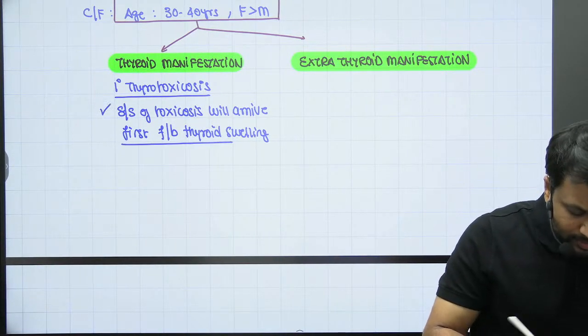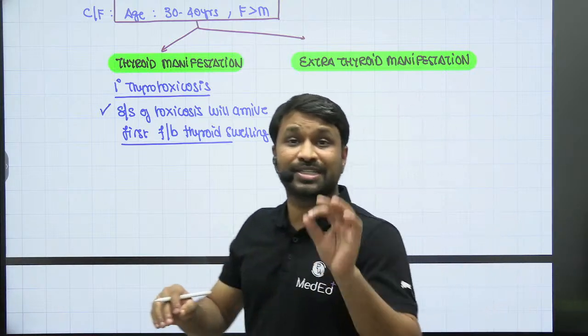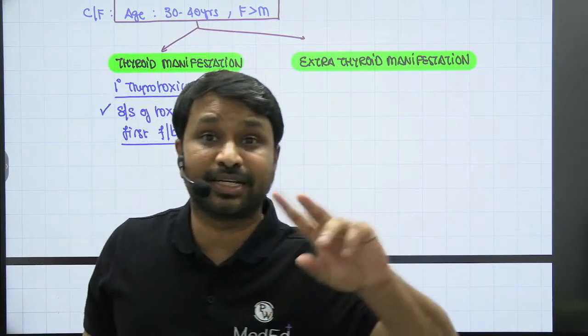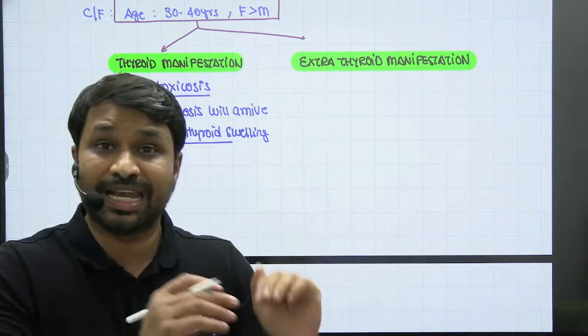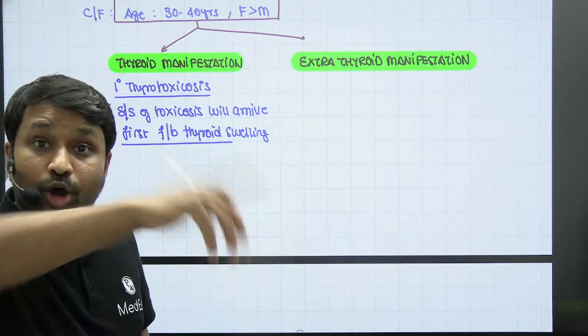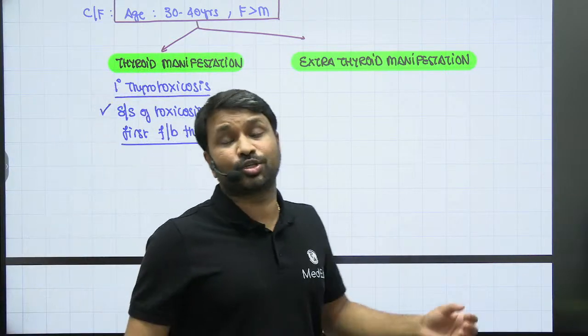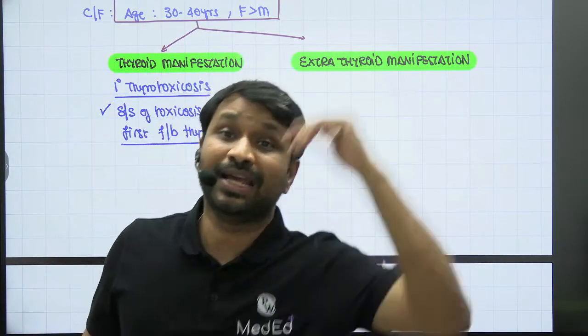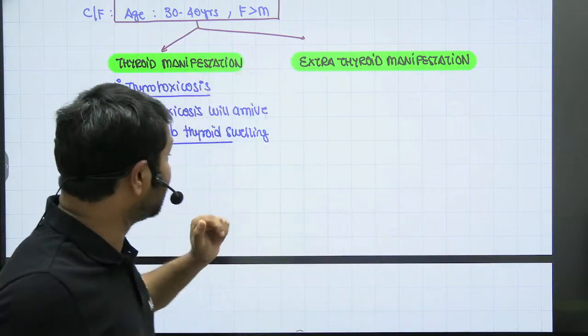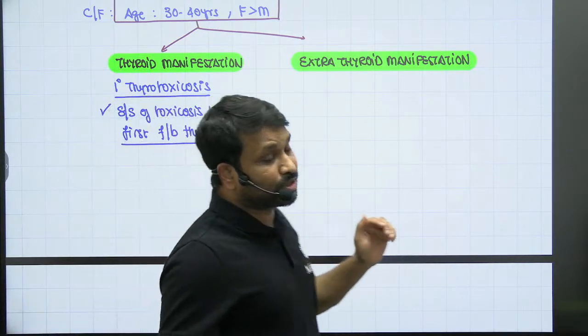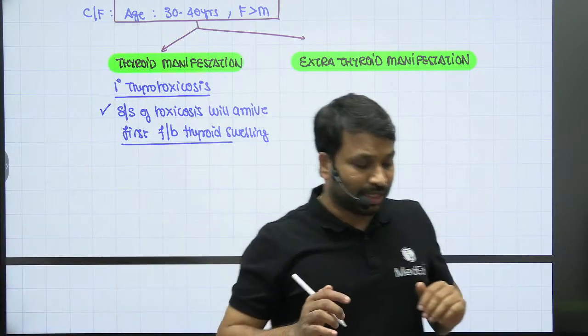So the patient will initially have symptoms of toxicosis, and later on the swelling is going to come. The opposite will be seen in secondary thyrotoxicosis: you will have swelling present and then it converts into toxicosis. Here it is ulta. You will have first symptoms of toxicosis and then the swelling will appear.